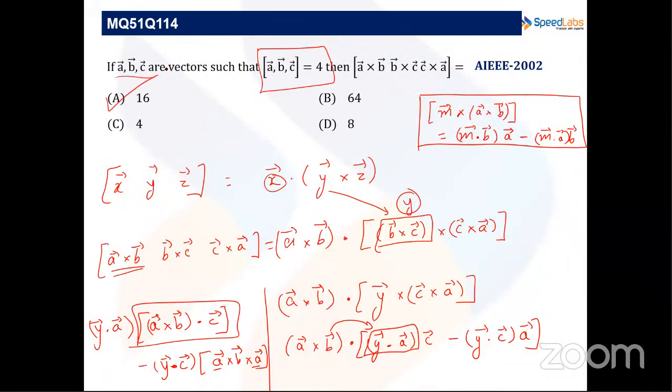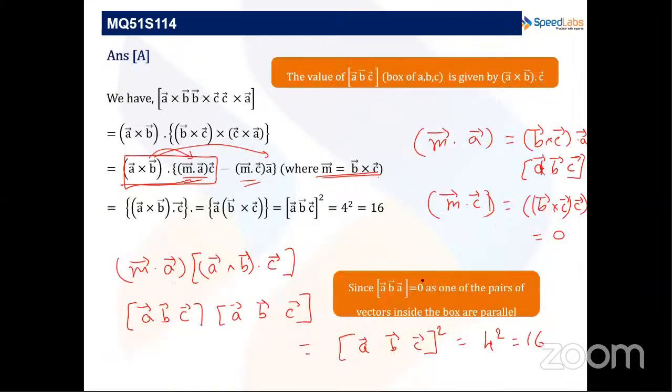So our answer is A. The two concepts we have applied here are, first, the scalar triple product and the other, the vector triple product.